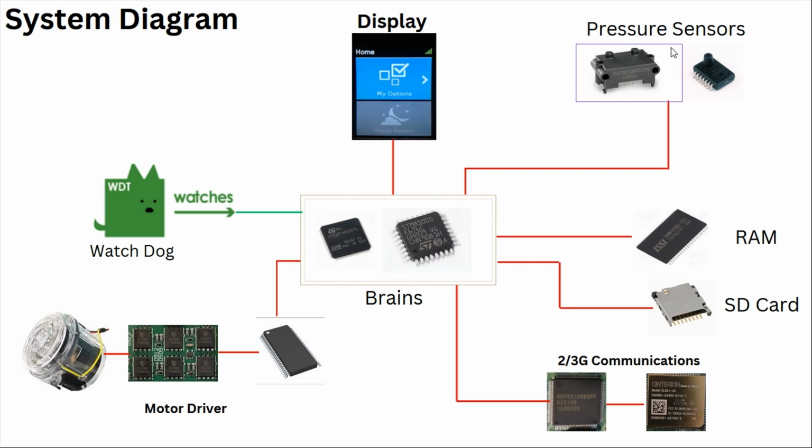We have our watchdog timer, a display for displaying information, pressure sensors giving us indications on how fast we need to spin the motor to reach a certain pressure, a RAM chip for storing data, an SD card for also having data on there, and then additionally 2G/3G communications for relaying that information to our provider.